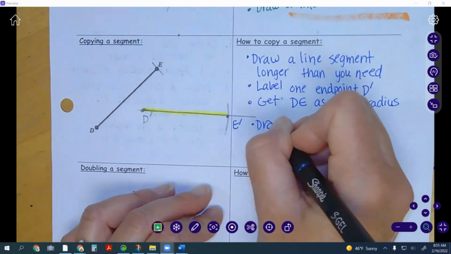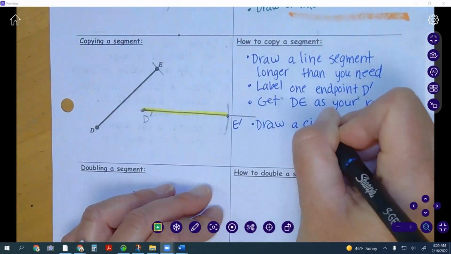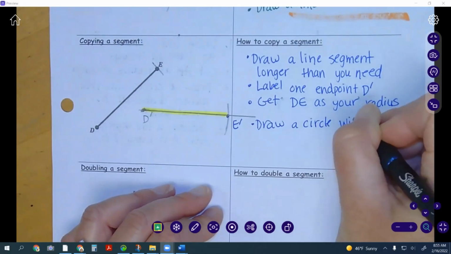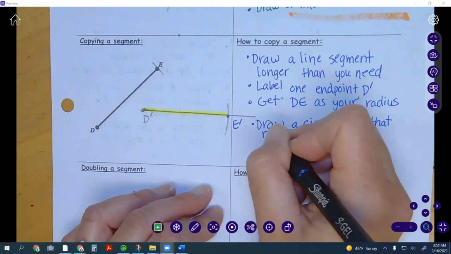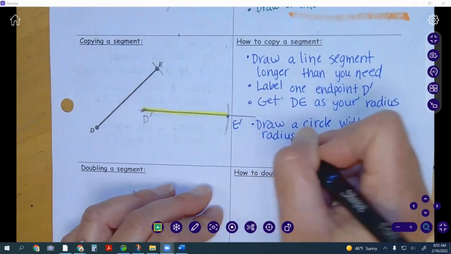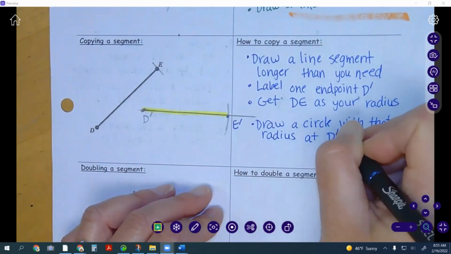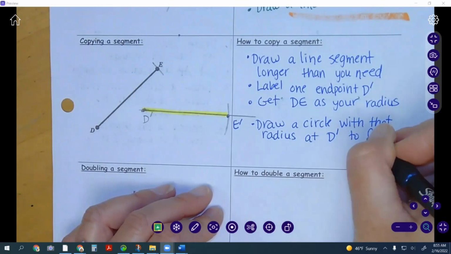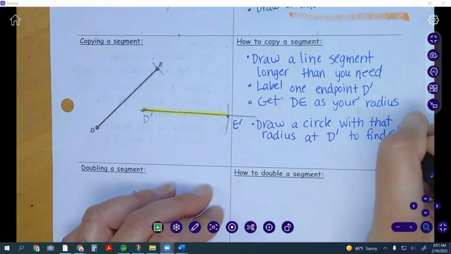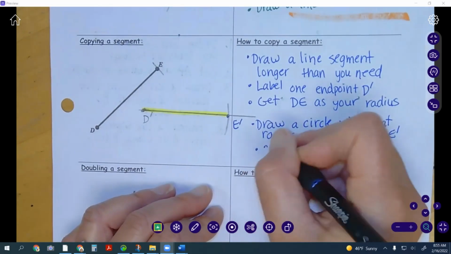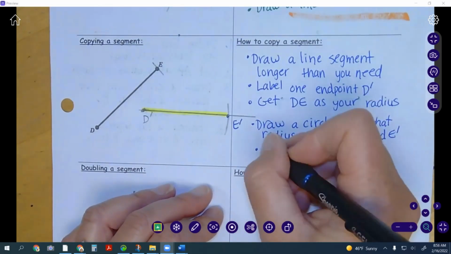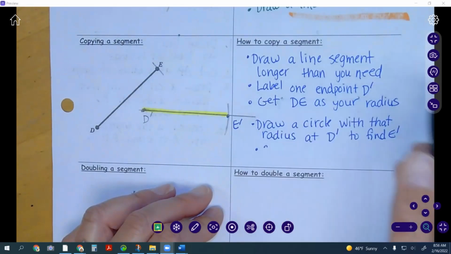Then draw a circle with that radius at D prime to find E prime. And then that's your answer.